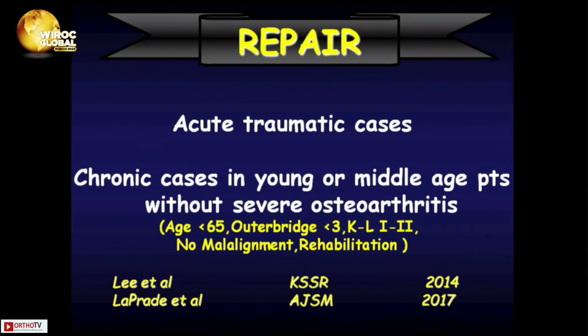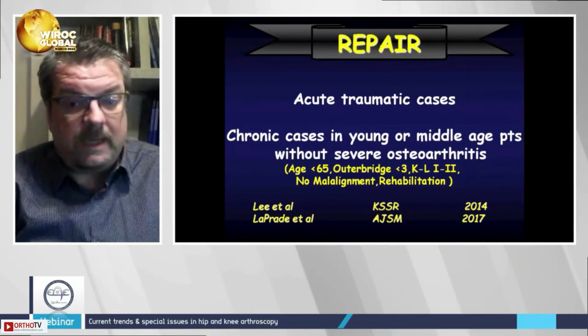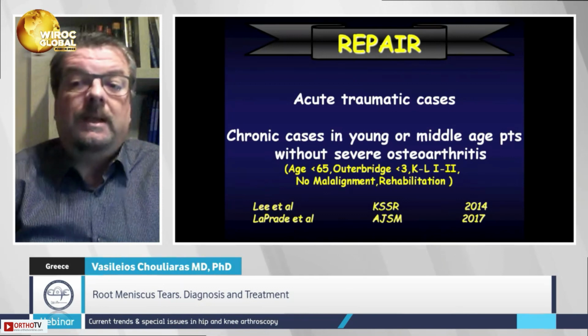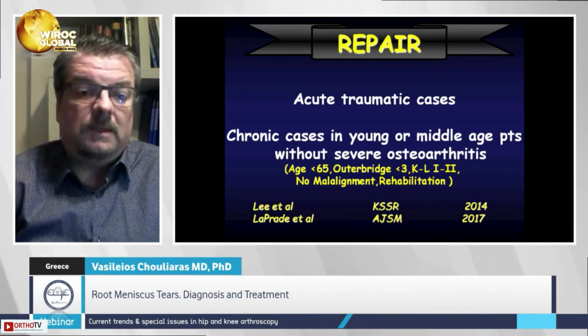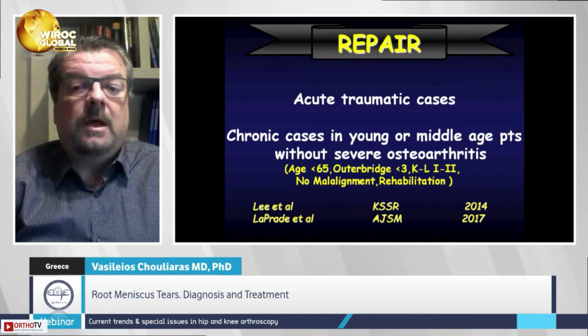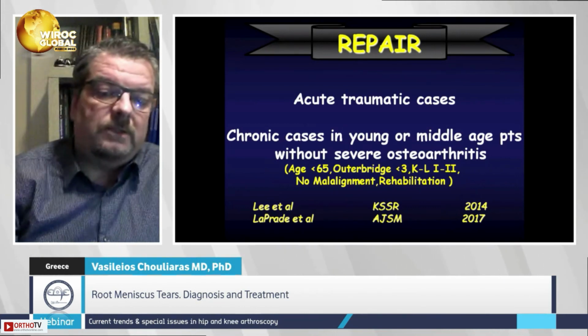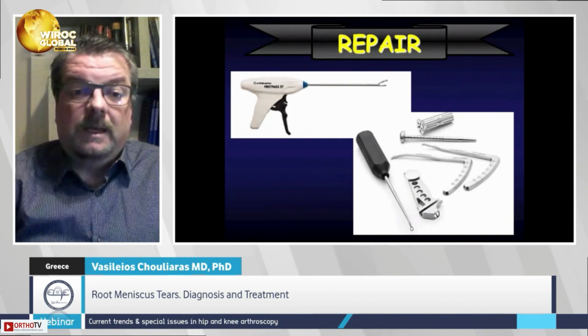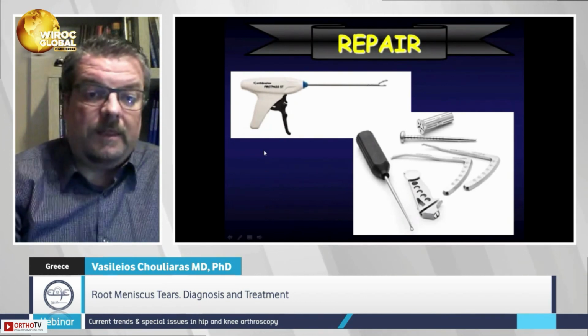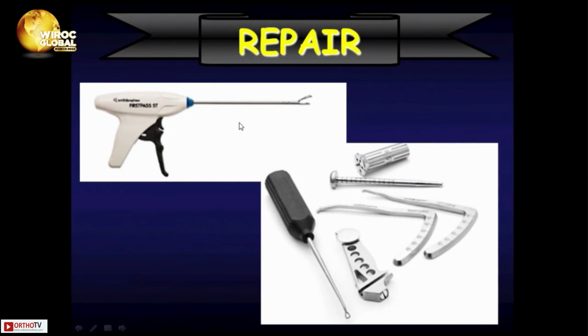We must think about the repair. When? In acute traumatic cases, especially for the lateral meniscus and especially with young patients with ACL tear, and in chronic cases, in young or middle-aged patients without severe osteoarthritis, without malalignment, and without severe chondral lesions in the arthroscopy. Nowadays, we have some special instruments like this from shoulder arthroscopy.